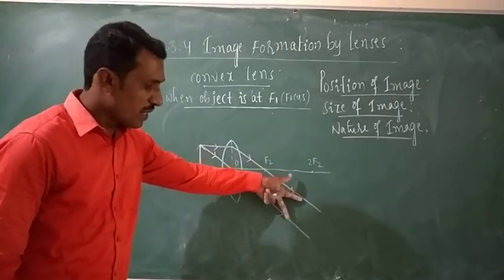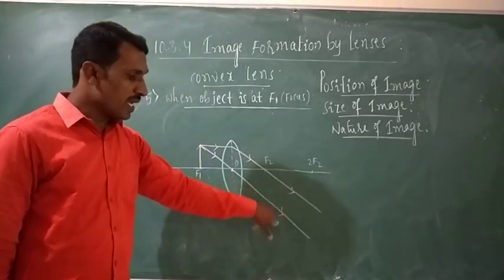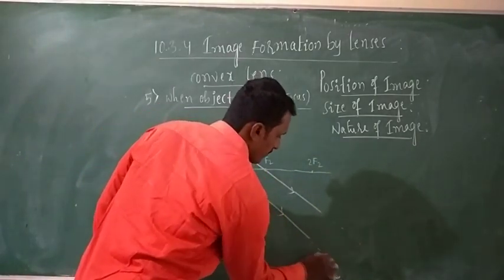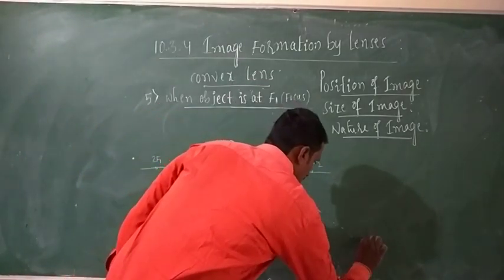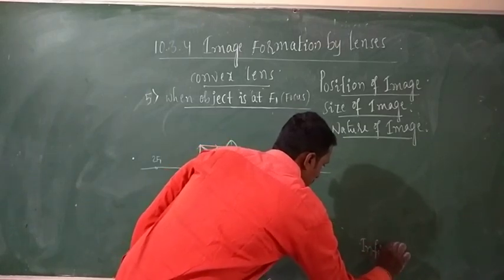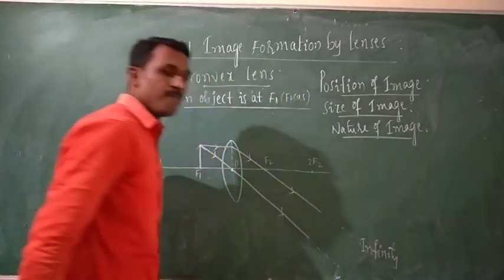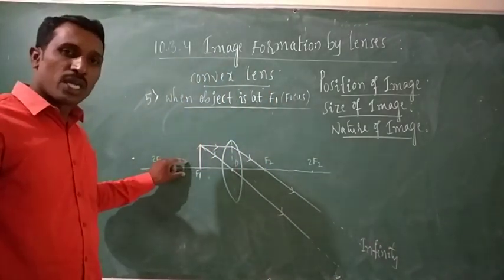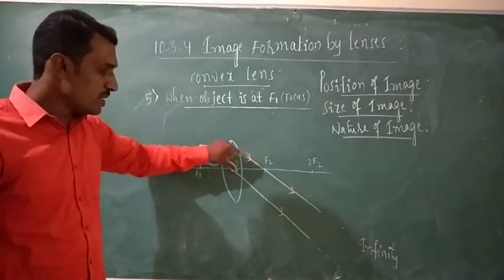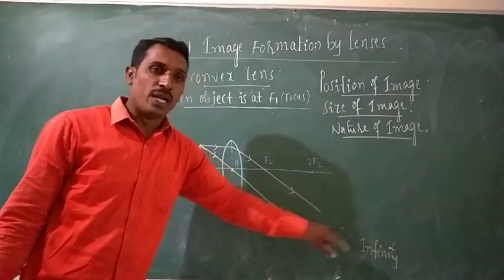But these two refracted rays are not meeting here. But at infinity, they will meet. So, if we place the object at focus, its image will be formed at infinity.